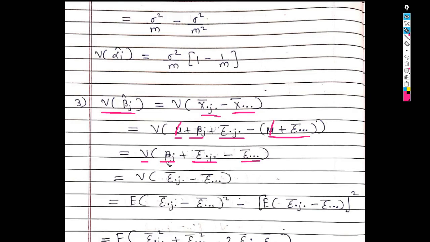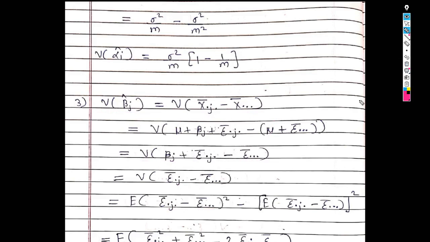Now beta j is a constant term, so variance of beta j is 0. So the remaining term is variance of epsilon dot j dot bar minus epsilon dot dot dot bar. Now use the definition of variance. So we get expected value of epsilon dot j dot bar minus epsilon dot dot dot bar, whole bracket square, minus, in square bracket, expected value of epsilon dot j dot bar minus epsilon dot dot dot bar, whole bracket square.